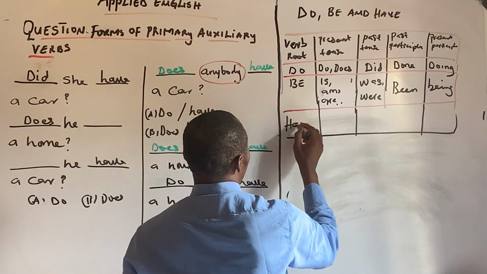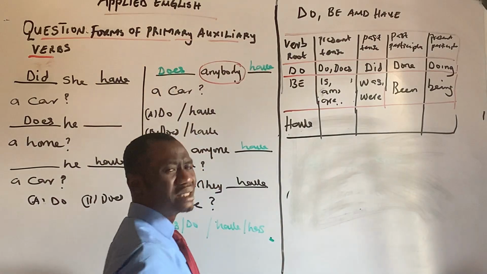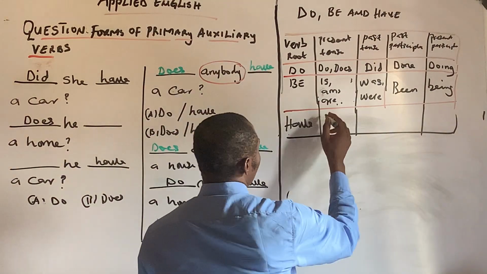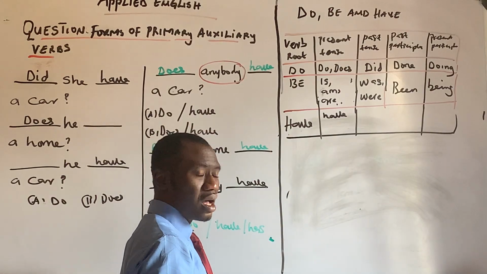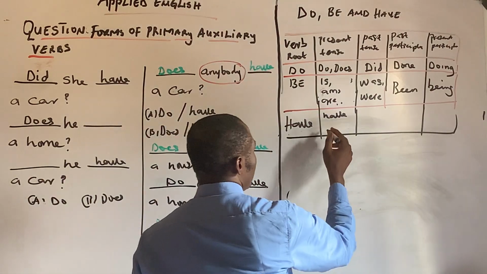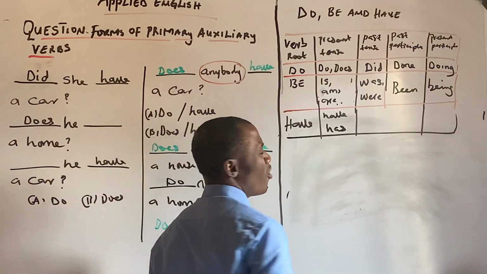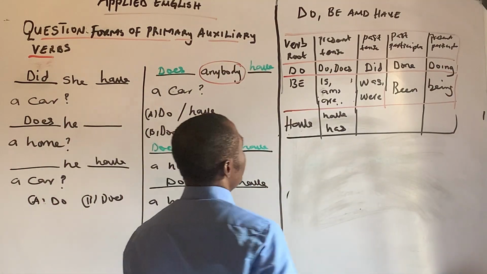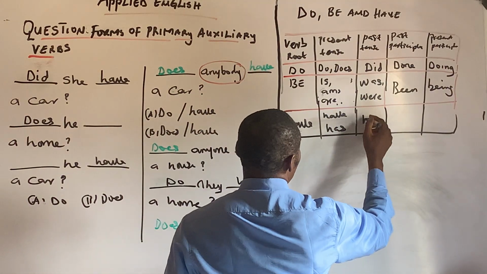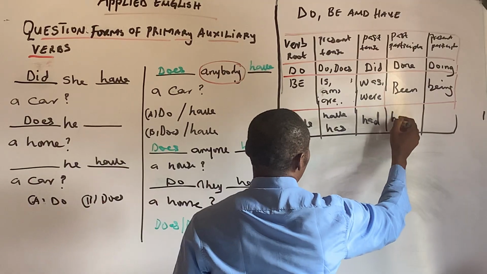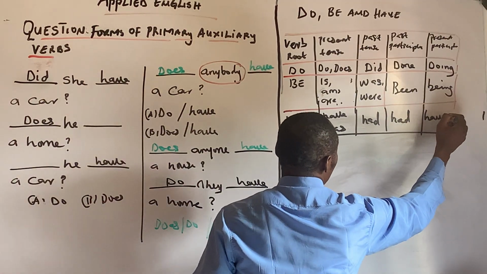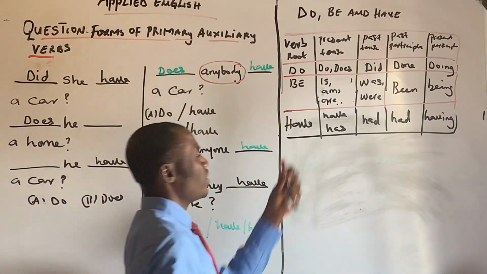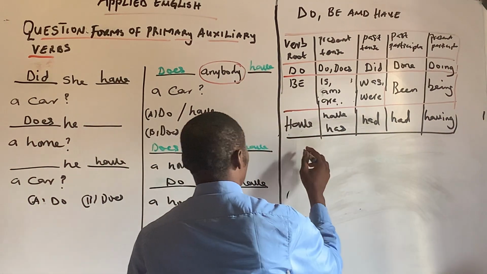Now, the present tense of have for the plural form is have, and the singular form of have is has. Then the past tense is had. Past participle is had. Present participle is having. All right, so fill it in your notes.